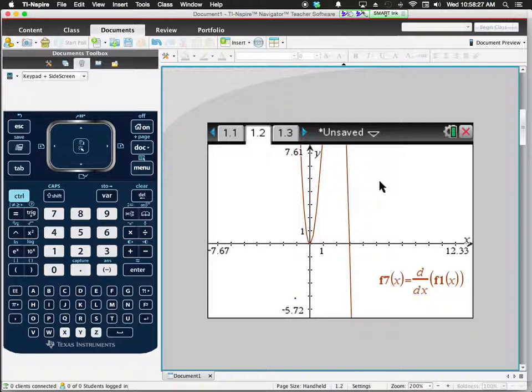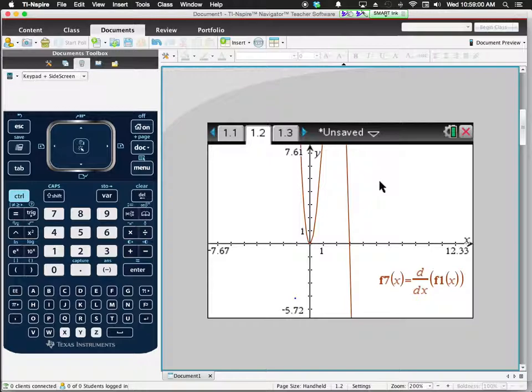But I can only use f prime to talk about a point of inflection if I have the graph of f prime. If I do not have the graph of f prime, I have to use the second derivative, and it needs to change signs. So if you have a graph of f prime, you say increasing, decreasing, or vice versa. If you don't have a graph, you've got to use the second derivative and say it changes sign.